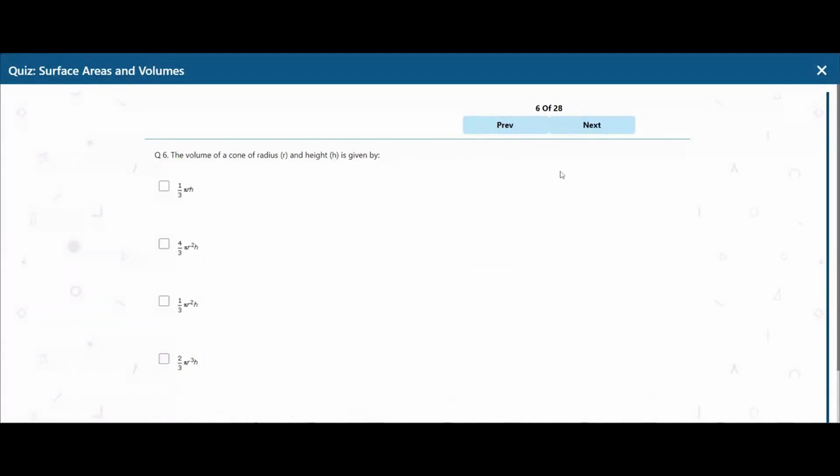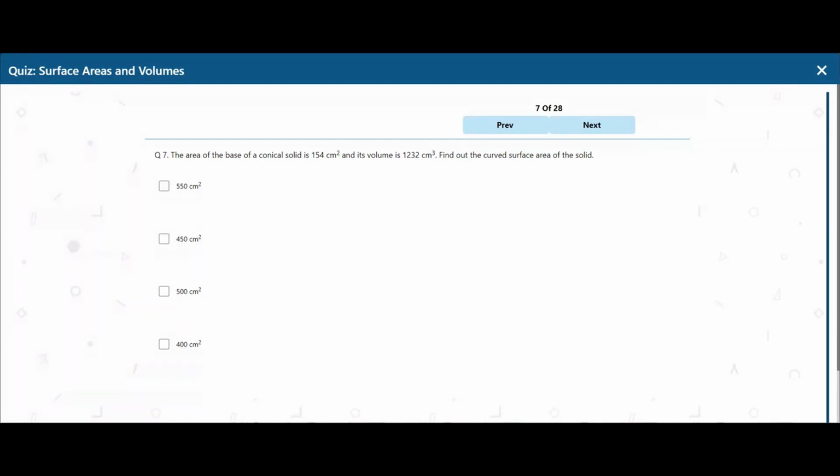Answer this question. Volume of a cone of radius r and height h is given by. No calculation, only formula. 1 by 3 pi r square h. Correct. Yes, ma'am. Madhumita: the base area is 150 of a conical solid.